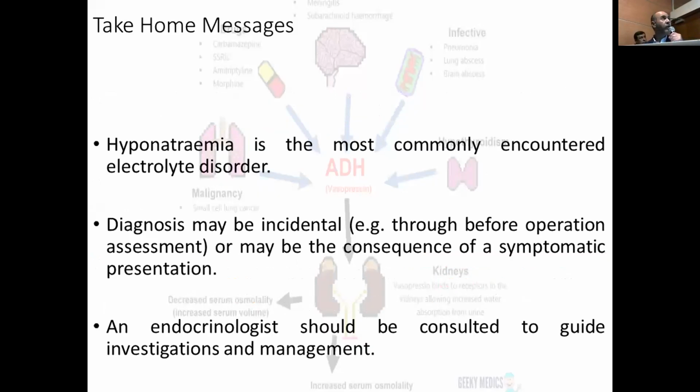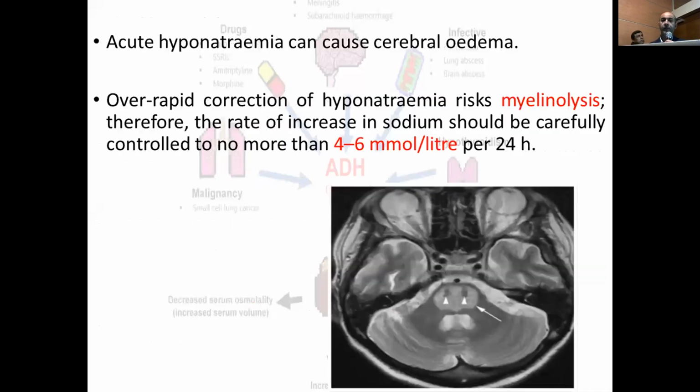So just a few take-home messages. Hyponatremia is the most commonly encountered electrolyte disturbance in the inpatient population. The diagnosis may be incidental, such as in preoperative evaluation. That's exactly what happened with this patient. Endocrinologists should be consulted to guide the investigation and the management.